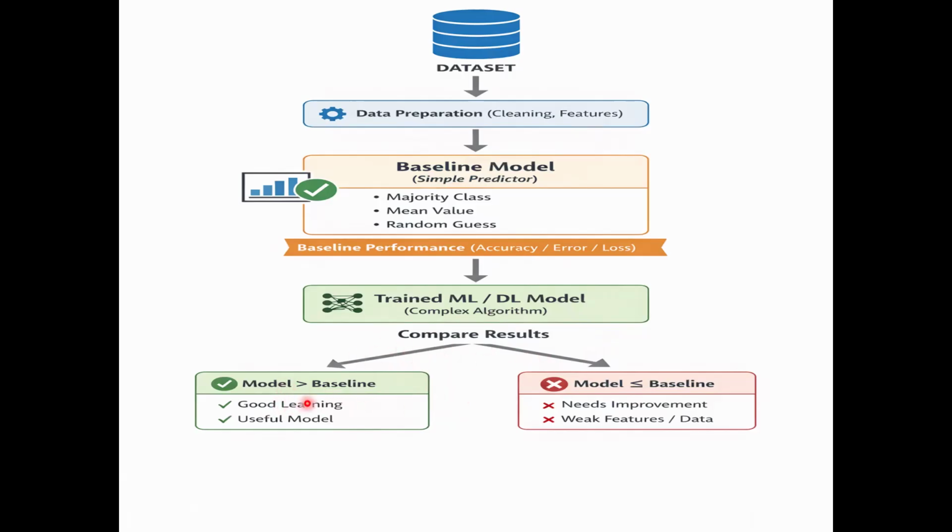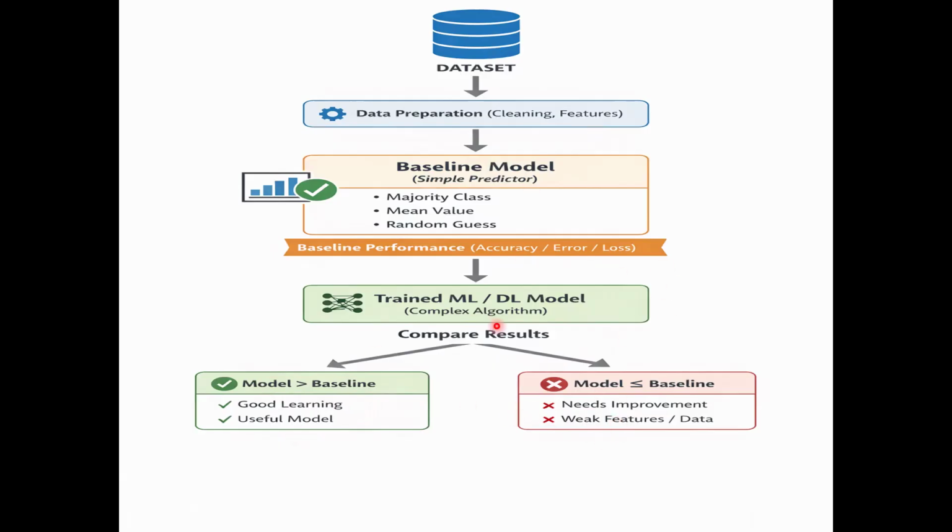Here we have a beautiful point. If the trained model performs better than the baseline model, it indicates good learning and suggests that the model is useful. If the trained model performs equal to or worse than the baseline, it signals that the model needs improvement, possibly due to weak features, poor data quality, or improper training.